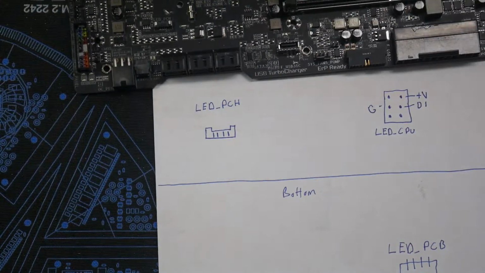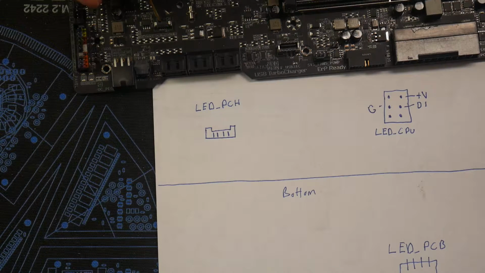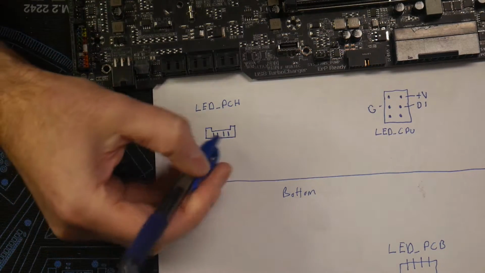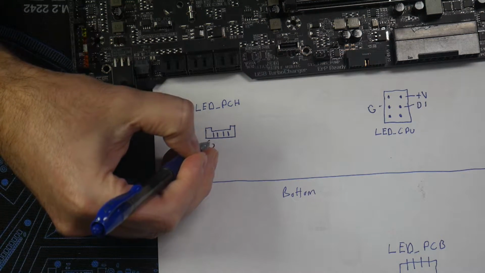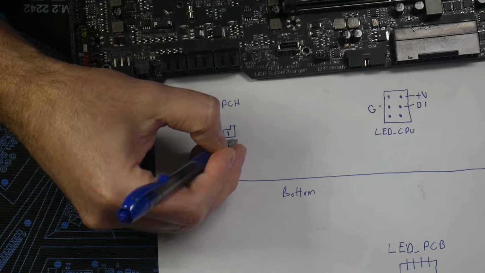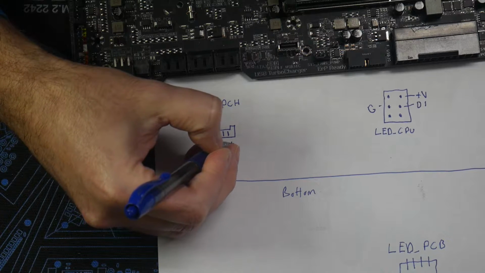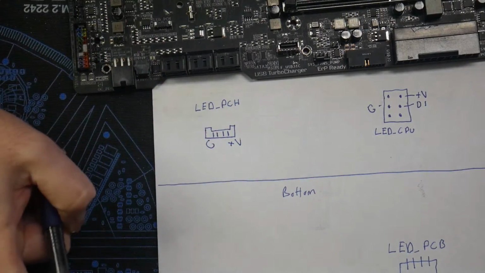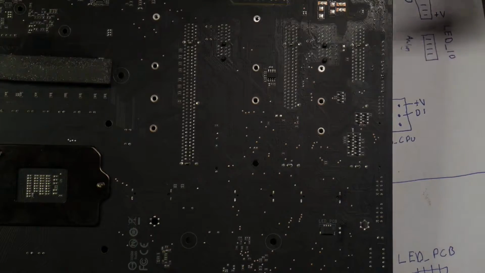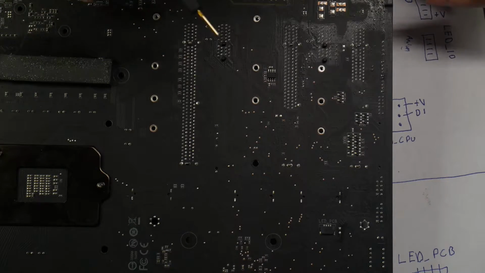So therefore I know that ground will be right here, and that this is also digital. So this will be ground. And this will be plus voltage. And we know it's 5 volt, and this is also digital. So yeah, I know this might be a little hard to see.